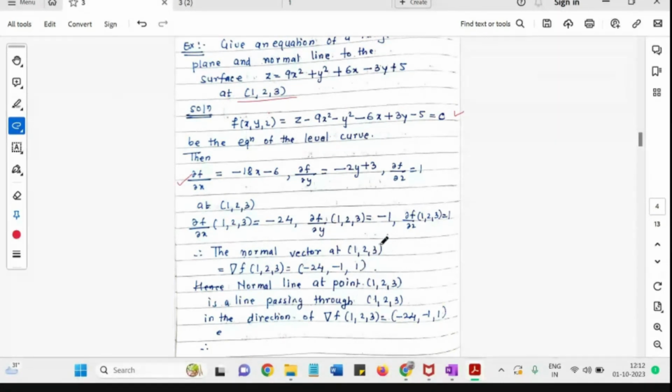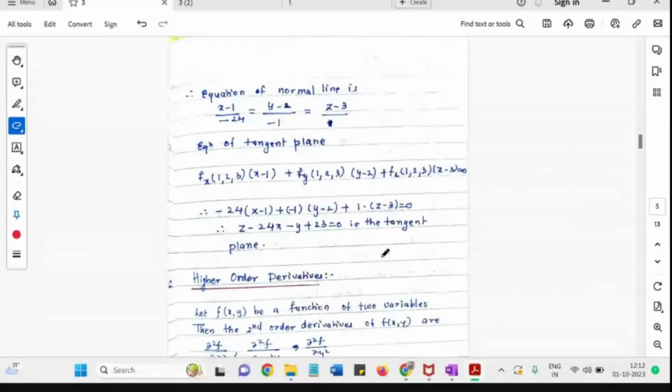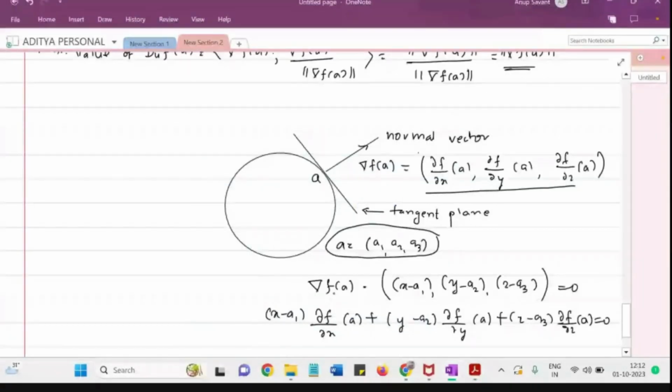Okay. Now I will come to the normal line after 2 minutes. Let me finish the calculation for a tangent plane. Okay. So equation of a tangent plane, as I had mentioned 2 minutes back, is a dot product of the gradient at a with x minus a1, comma, y minus a2, comma, z minus a3.